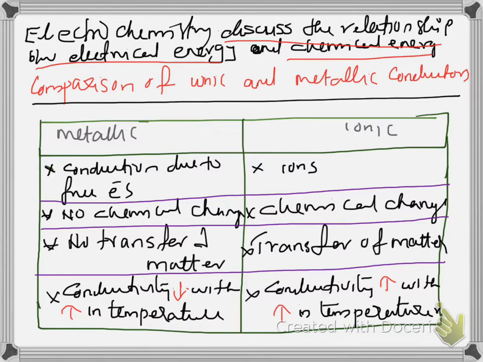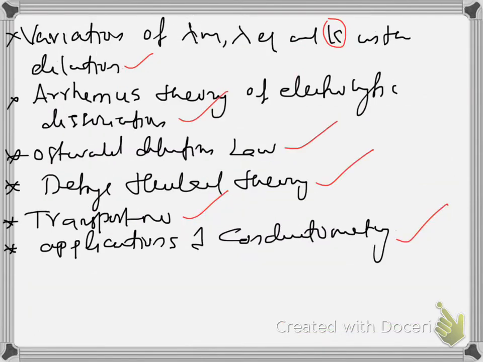Electrical energy and chemical energy are two different forms of energy. One can be converted to the other. For this interconversion, we are using two kinds of cells. They are the electrolytic cell and the electrochemical cell.